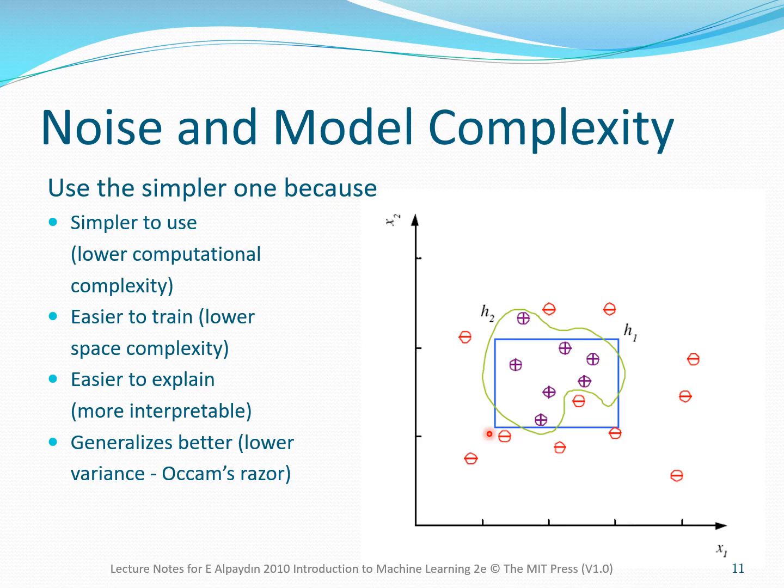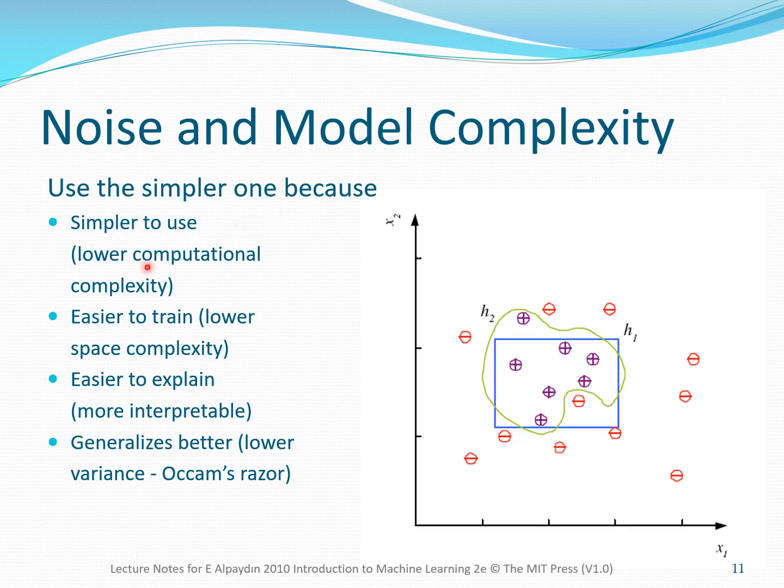With a complex model, one can make a perfect fit to the data and attain zero errors. See the wiggly shape in this figure. Another possibility is to keep the model simple and allow some errors. See the rectangle in this figure. Using a simple rectangle, even though there is a training error which is bigger, makes more sense because of the following.